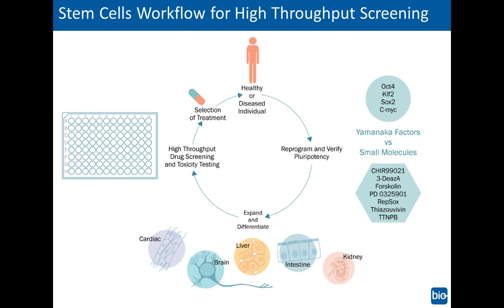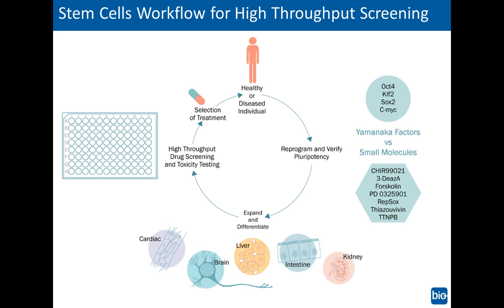But first, let's take a look at the stem cell workflow for high throughput toxicity screening. Demonstrated here on the top is isolation of fibroblasts or peripheral blood mononuclear cells from a healthy or diseased individual. These cells are then reprogrammed into induced pluripotent stem cells using a number of different methods that are out there, including transcription factor overexpression or small molecule treatment.